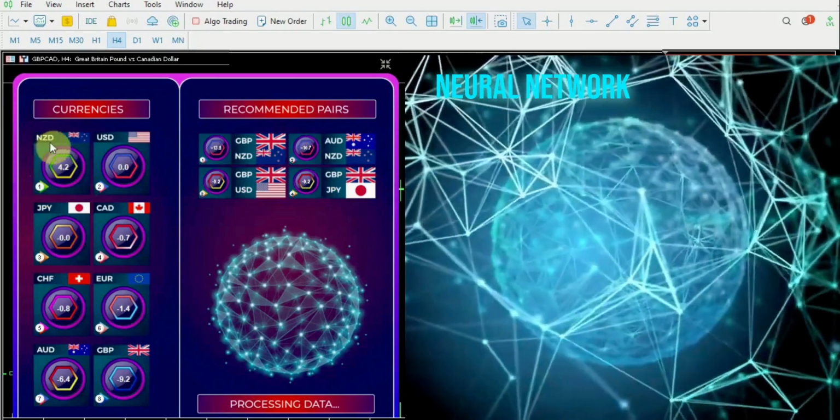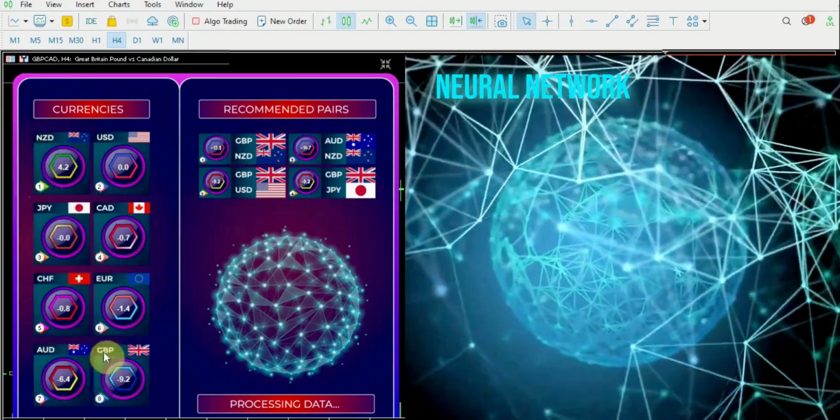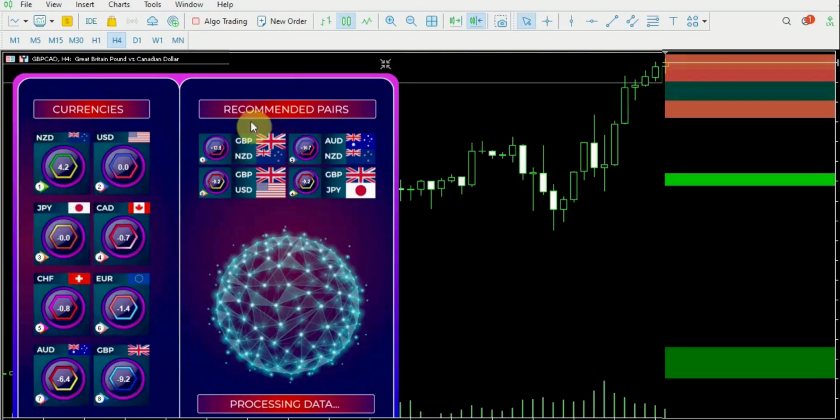So we see we have NZD at number 1, and all the other numbers going down to GBP at number 8. And then it also recommends the pairs for you. So you see the number 1 recommended pair right now would be GBP NZD, okay? And so the currency strength meter can provide an advantage in the Forex market, increasing the likelihood of profitable trades. So this tool offers all the necessary features to help you achieve your financial goals.